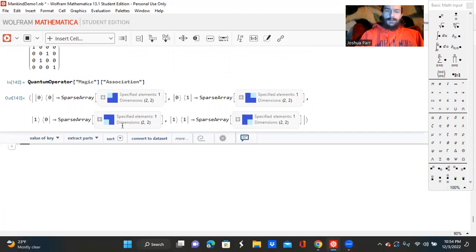Next we have the quantum operators that you're doing on quantum states, quantum bases.